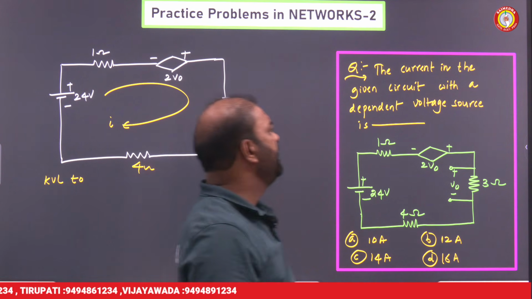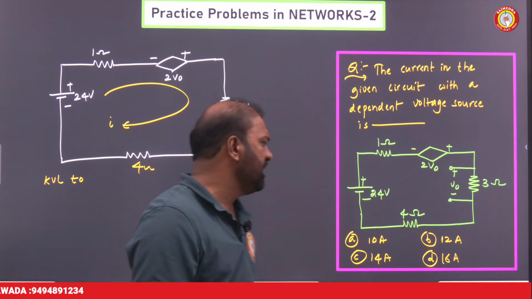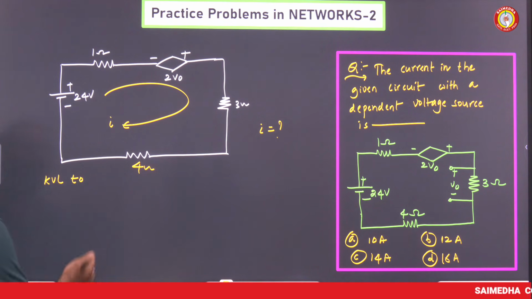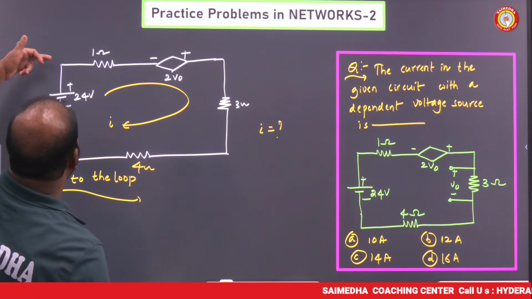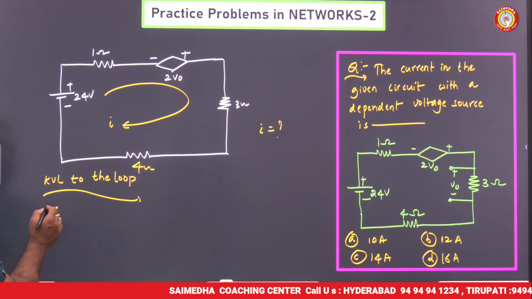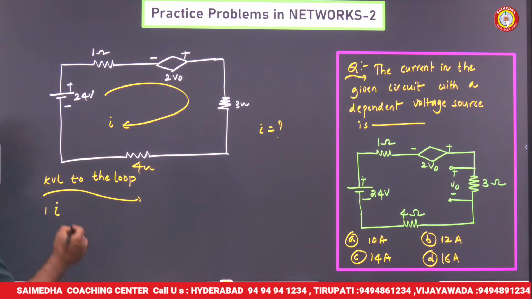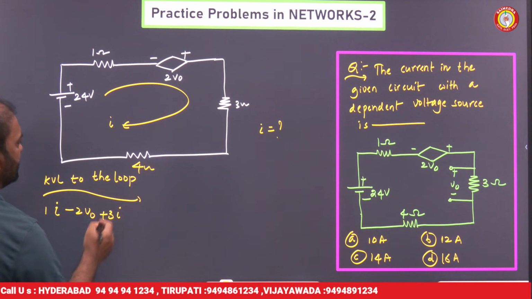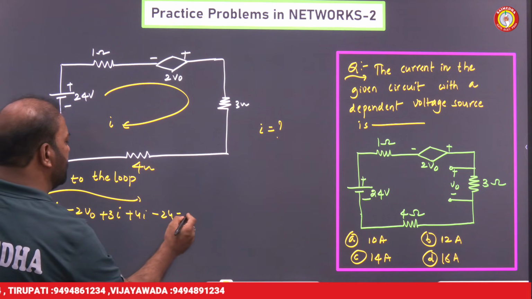Ultimately, we need to find the current in the given circuit, the current flowing in the circuit. So we need to find current I. KVL to the loop implies 1 into I, the drop produced by this 1 ohm resistor, I into R. So 1 into I, then we are touching the negative polarity of this dependent source, so minus 2V0 plus 3 into I plus 4 into I minus 24 equal to 0.